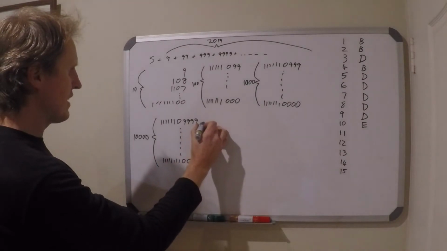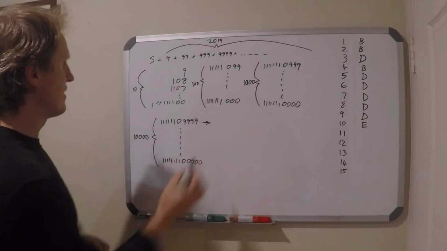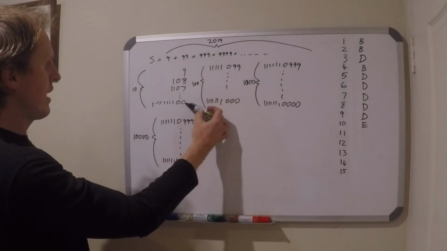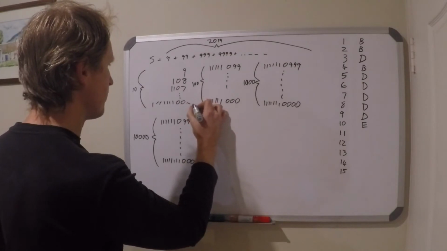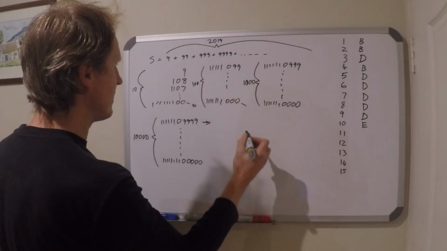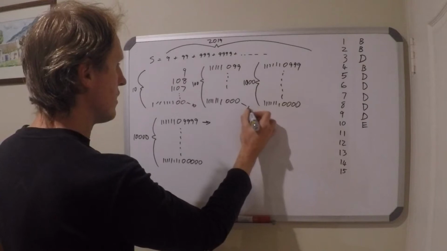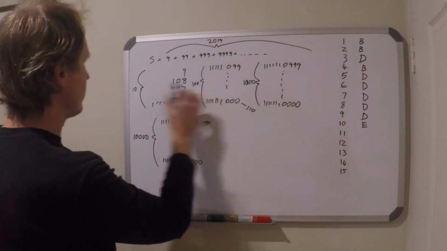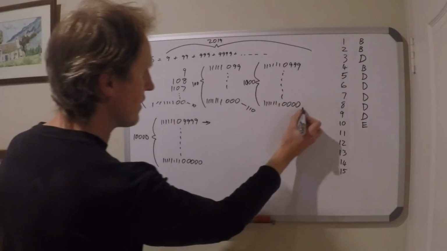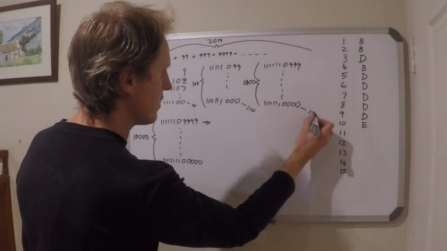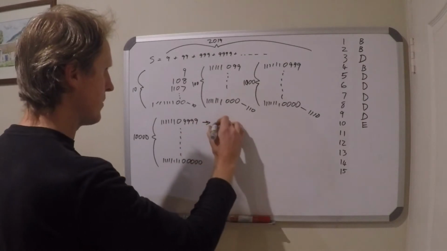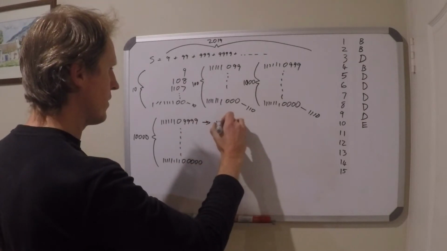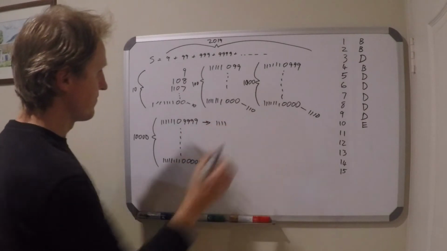Okay, so let's see exactly where we're going to end up. Which element is this? That's the 10th element, so I'm just going to write 10. This one is 110, because there's 10 plus 100, and this one is 1, 1, 1, 0. So we know that the first element here is 1, 1, 1, 1.